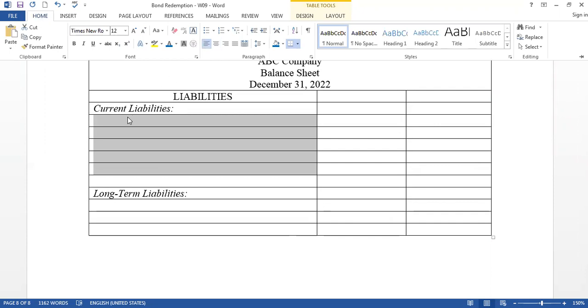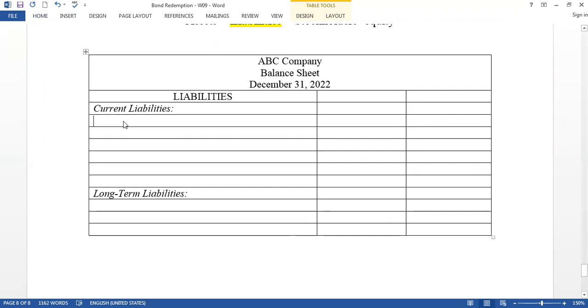So first one may be accounts payable. Accounts payable is our current liabilities. Then notes payable.